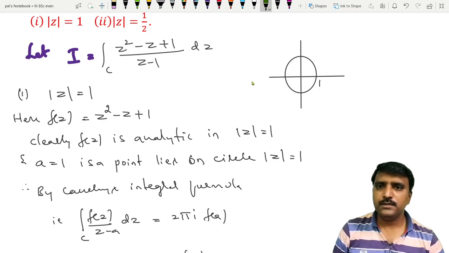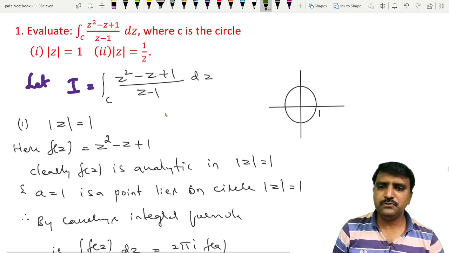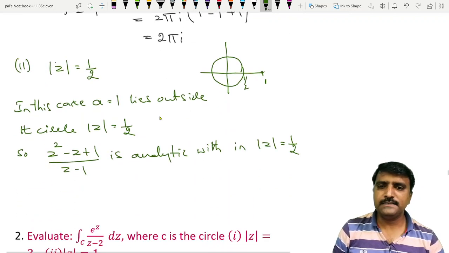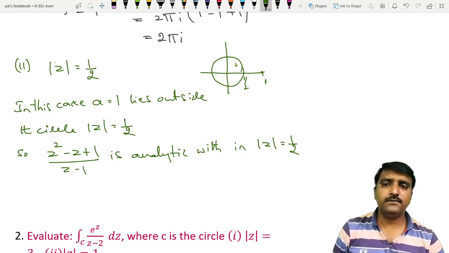In that case you use Cauchy's integral formula. Suppose the point is outside the region, at that time you use Cauchy's integral theorem.